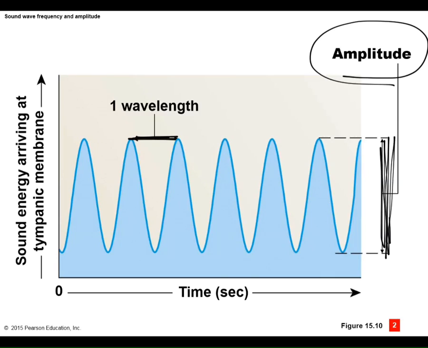The taller the wave, the louder it is. If it's not very tall, we're going to sense it as being quieter. You're going to understand in a minute why over time the ear becomes less responsive to small waves. It's not going to bring in enough of a disturbance for somebody to hear it. We'll talk about that in a moment. But we have hertz, that's frequency, and we have amplitude.